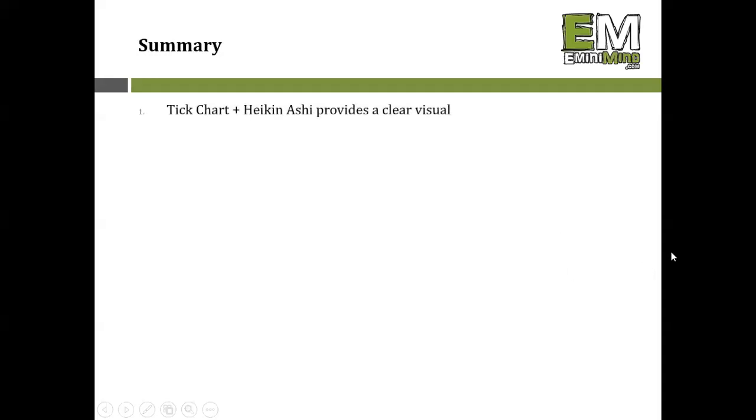So to summarize the entry and trade management side of things, you don't have to use the Heikin Ashi tick chart combo; you could just draw retracements on the 1-minute chart, and that works just as well. But I do find that the tick chart is a nice variation and a small enough time frame that you can get into some really big moves before they're as clear on the larger time frames, like a 1 or a 5-minute chart.